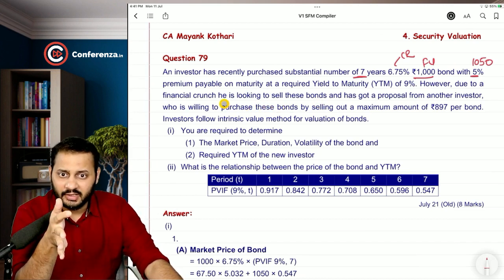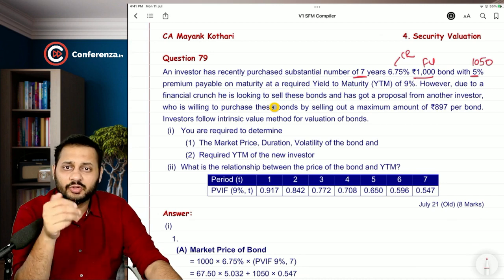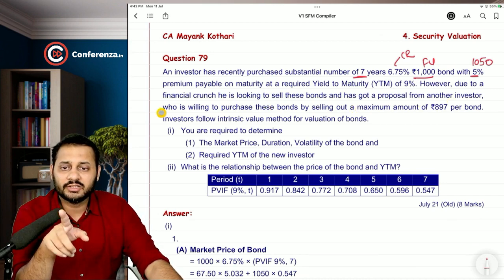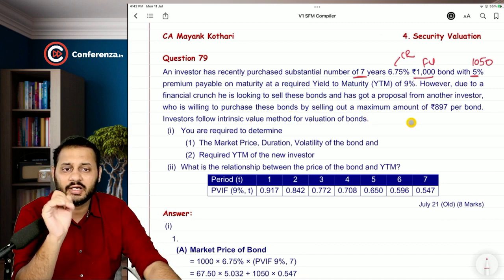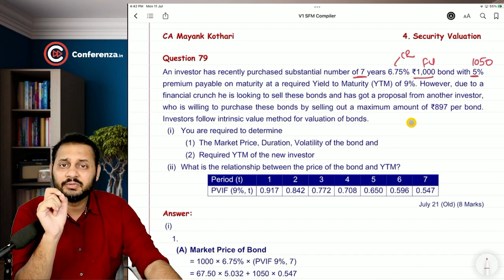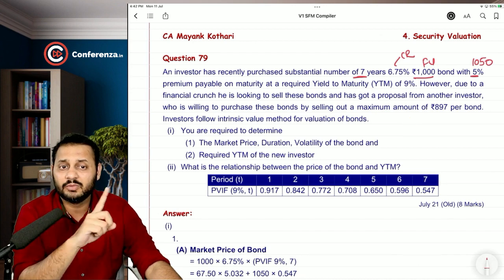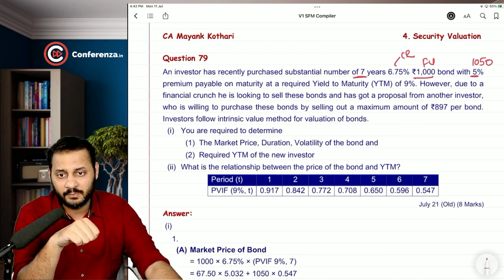He needs money, and that's why he has to sell these bonds to someone else in the market, and has got a proposal from another investor who is willing to purchase these bonds at a maximum amount of 897 per bond. There is a purchaser available in the market who is interested in our bond, but he is going to pay only a maximum of 897 rupees per bond.